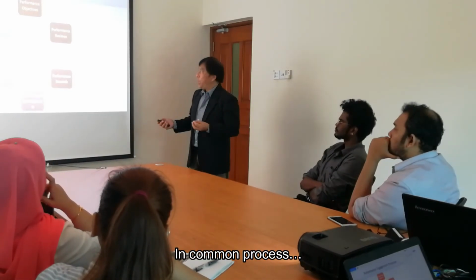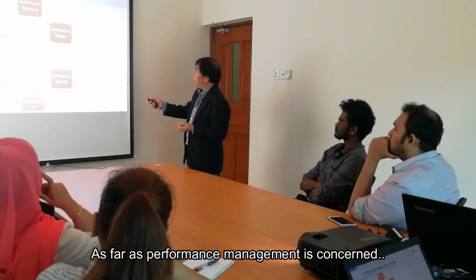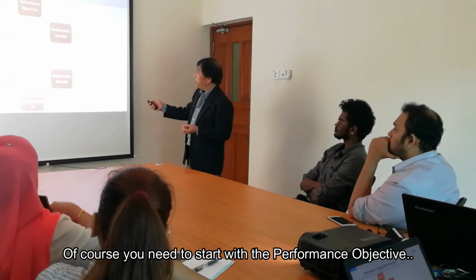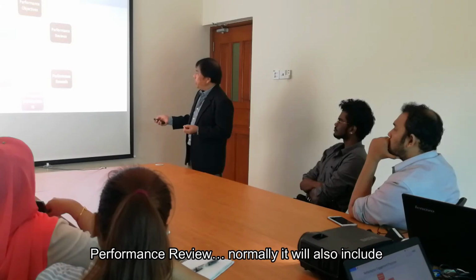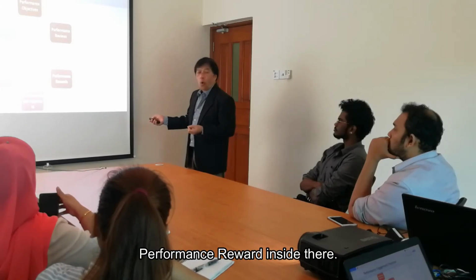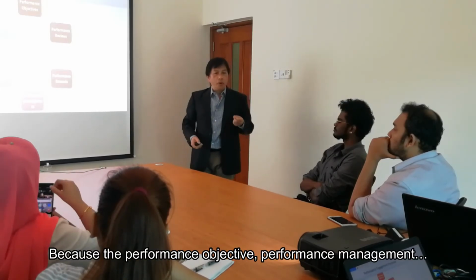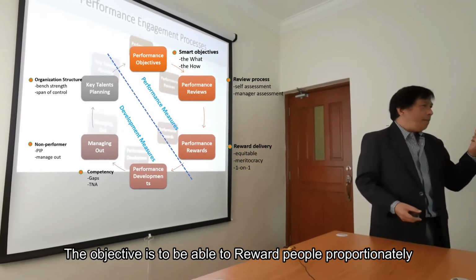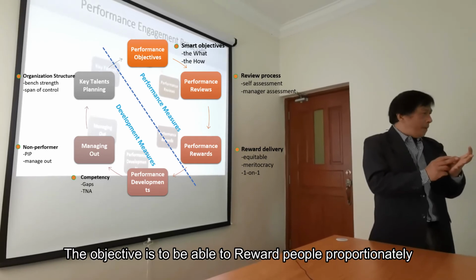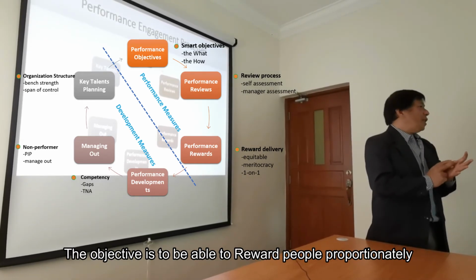In the common process, as far as performance management and performance engagement are concerned, of course you need to start with performance objectives, then performance review. Normally you also include performance reward inside that, because the key objective of performance management is to be able to reward people proportionately.